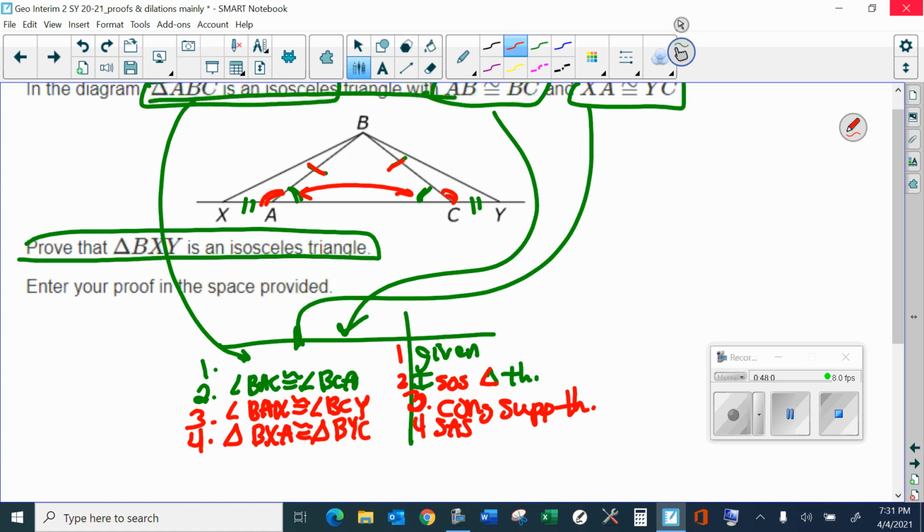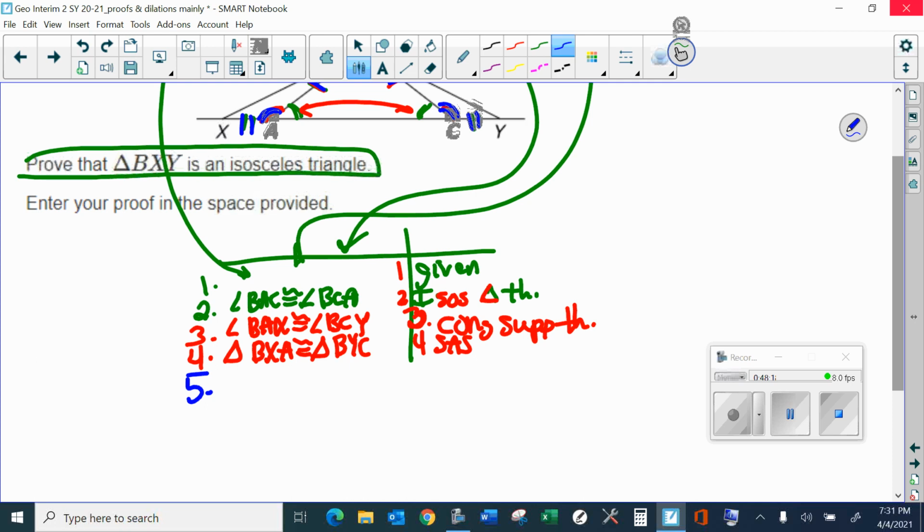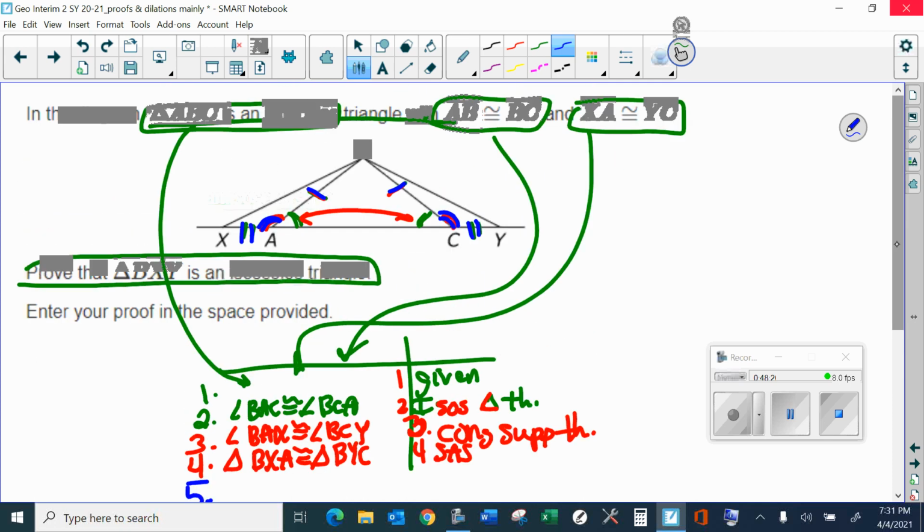Okay, because I have, if I change it all to blue now, SAS, SAS, SAS, right there. You should see that. So now I can use CPCTC. What I need to show is that BX is congruent to BY.